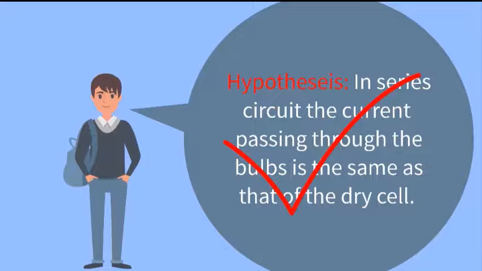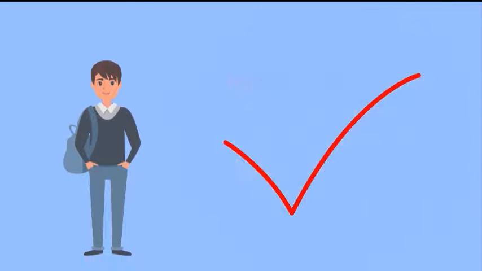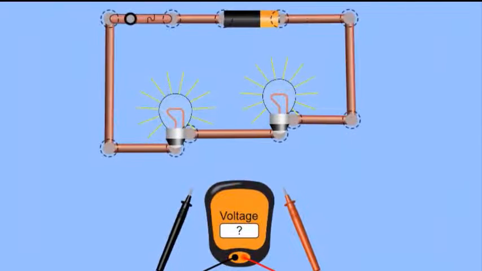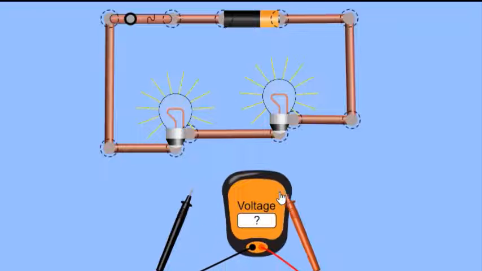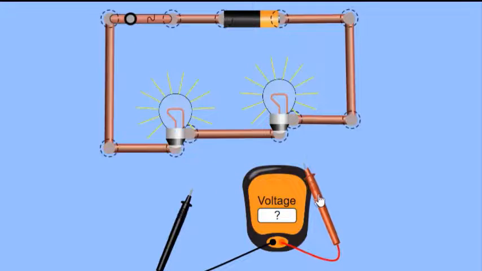What about the voltage of these lamps relative to the voltage of the dry cell? In order to find the voltage of these lamps and that of the dry cell, we have to use the voltmeter. So we have to connect this voltmeter in parallel across the first lamp to find the voltage.